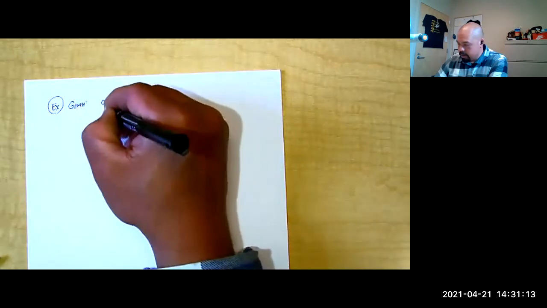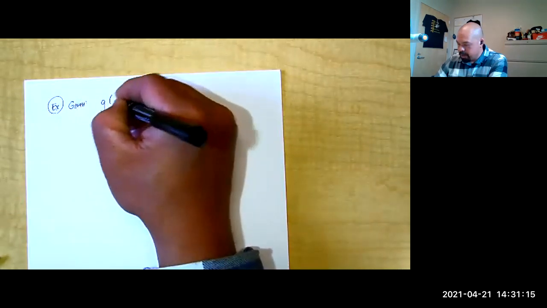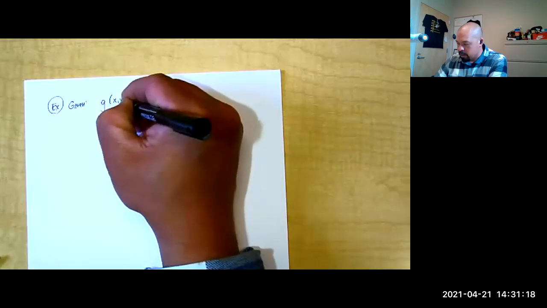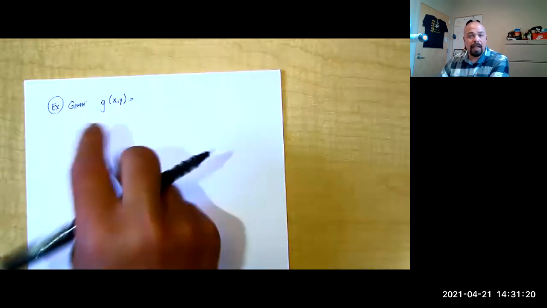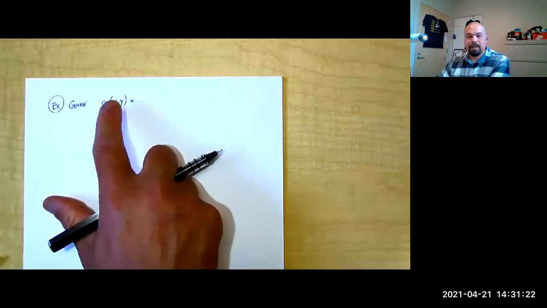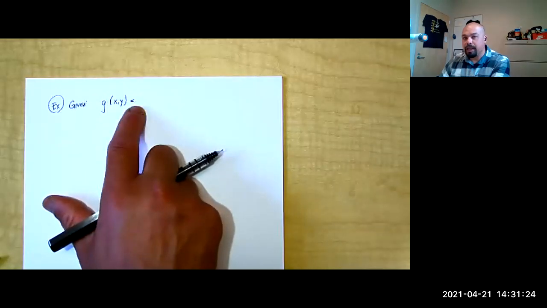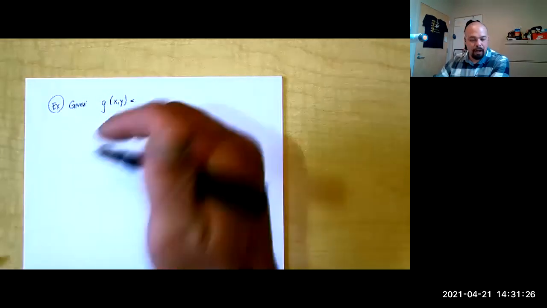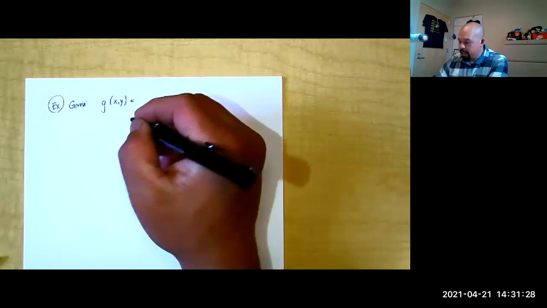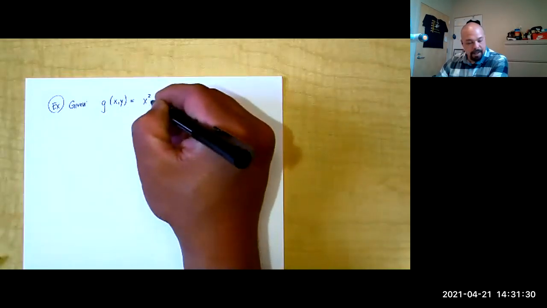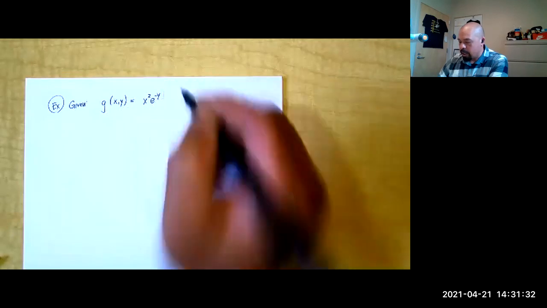Let's call it g. I'm going to change my variable slightly just to match up to what we had talked about, x and y. Other times you might see the parameters s and t, u and v, those independent variables. But let's say this is x squared e to the negative y.